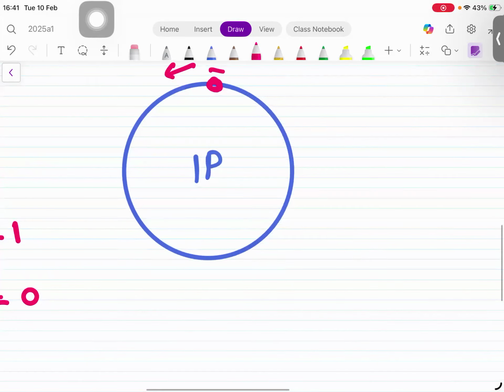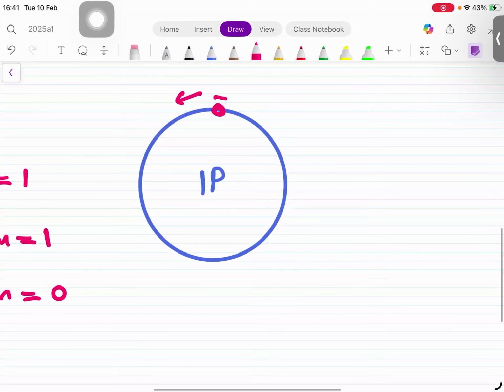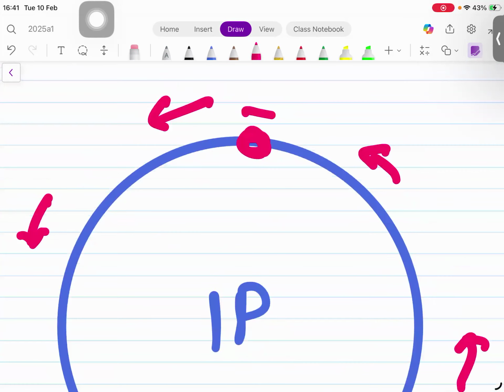Now, before 1981, we used to believe that the electrons revolve around the nucleus like this, and they also spin on their axis like this. This electron is revolving and also spinning, just like Earth revolves around the sun and spins on its axis.